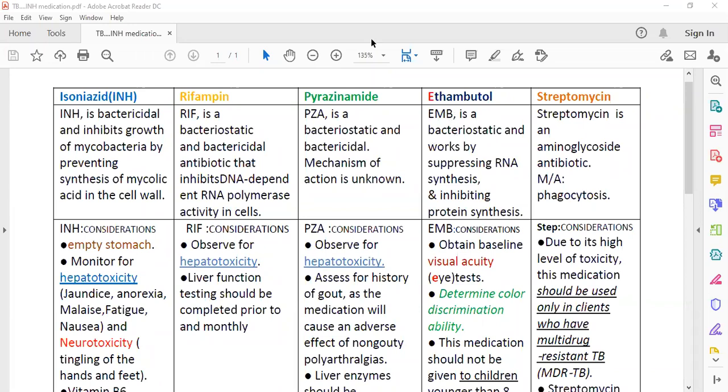Ethambutol is bacteriostatic and suppresses RNA synthesis, and also inhibits protein synthesis.